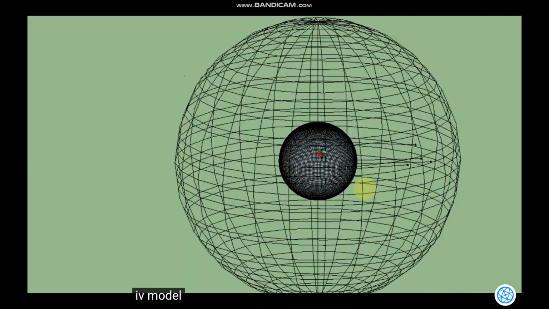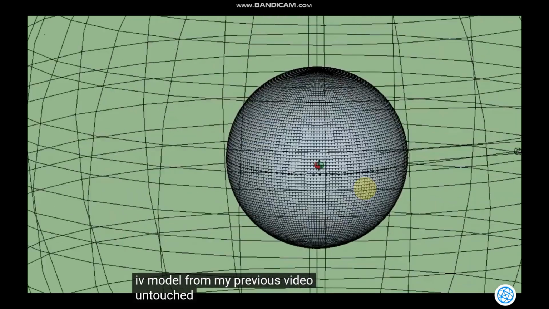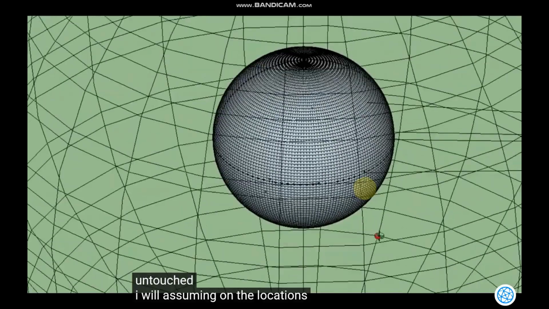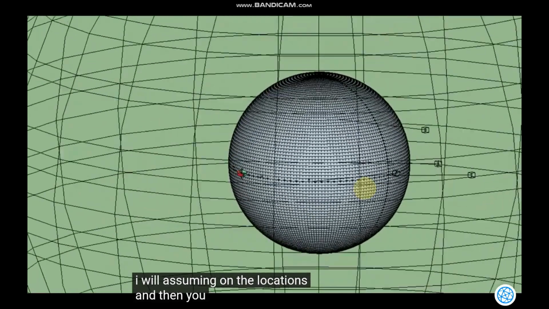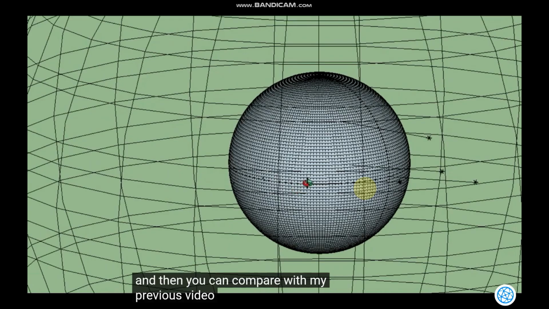I have here the model from my previous video, untouched. I will zoom in on the locations and then you can compare with my previous video if something is changed.